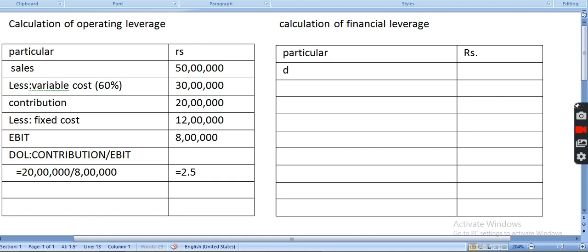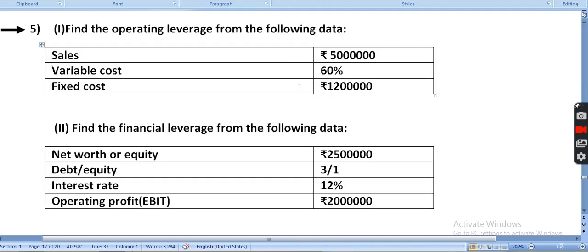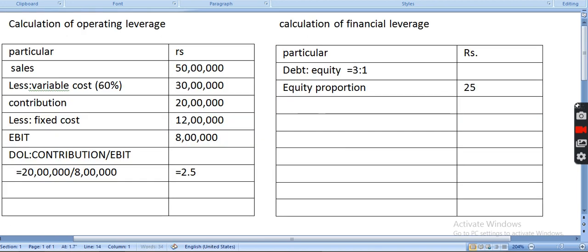First you have to write down debt to equity proportion, that is already given, 3:1. Then equity proportion is given, that is 25 lakh rupees.